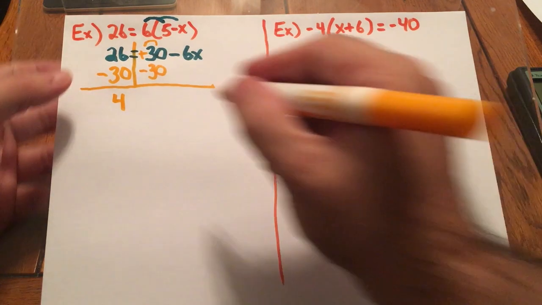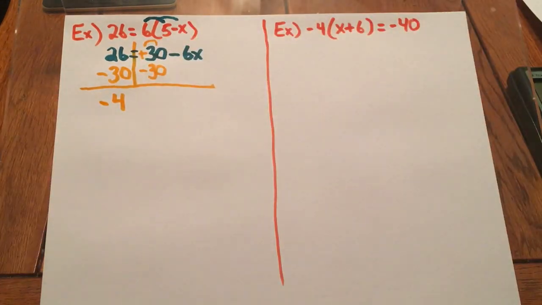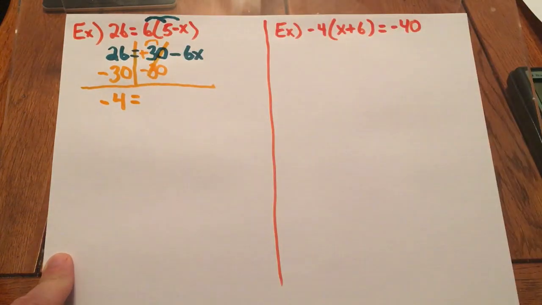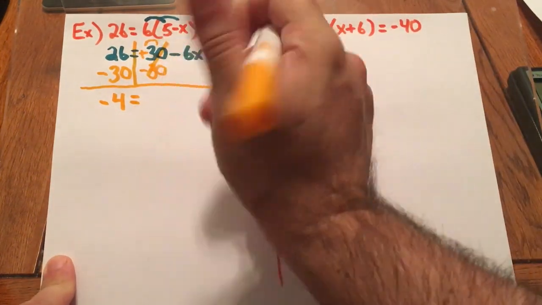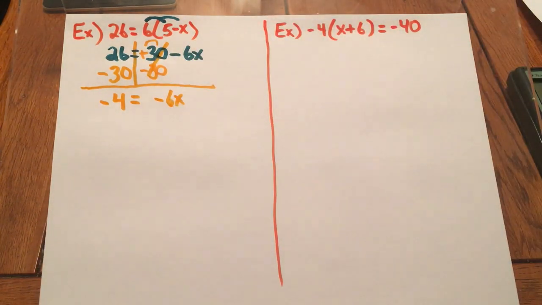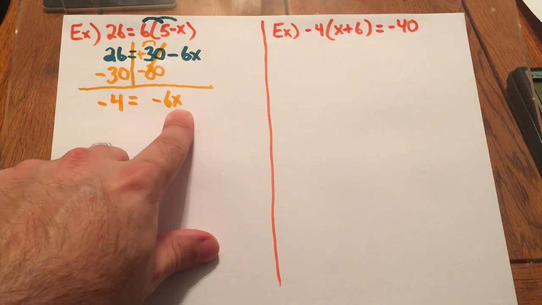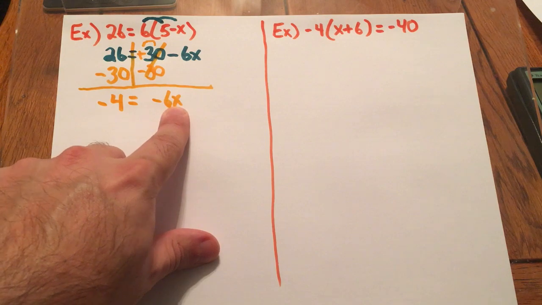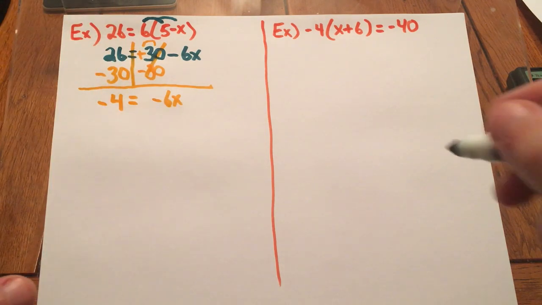In this case, 30 is the bigger number, so we're left with negative 4. That's going to be equal to, the 30 is going to cancel out, and my whole term, negative 6x, is going to drop down here. So the final step, to get x by itself, we have to undo what's being done. Negative 6 times x, I've got to divide by negative 6.